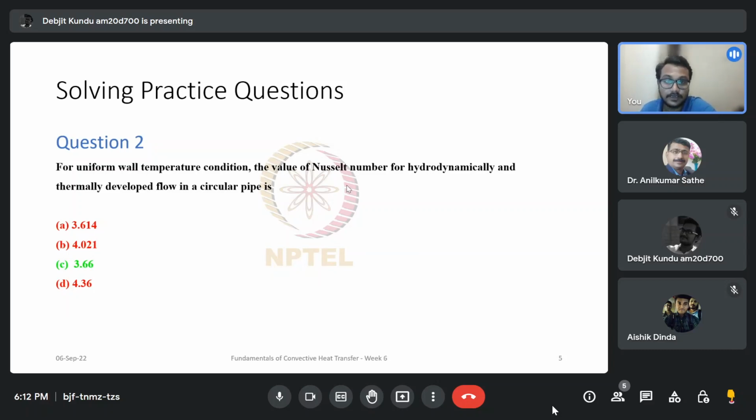You have to appreciate that this is a very powerful result which we can employ in multiple engineering and science solutions, where we know that if we have a fully developed flow within a circular pipe, then this would be the Nusselt number. The characteristic dimension here is the diameter of the pipe.